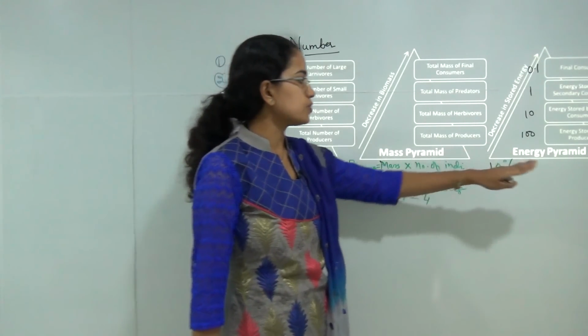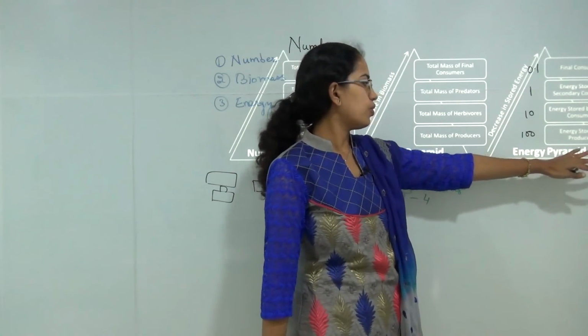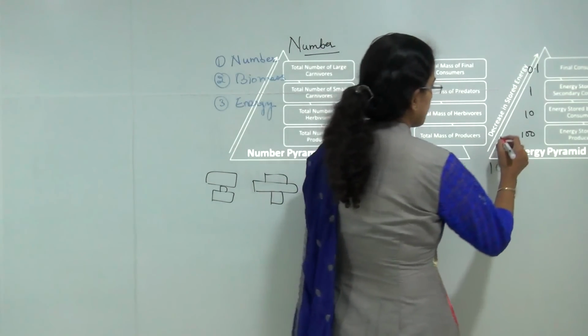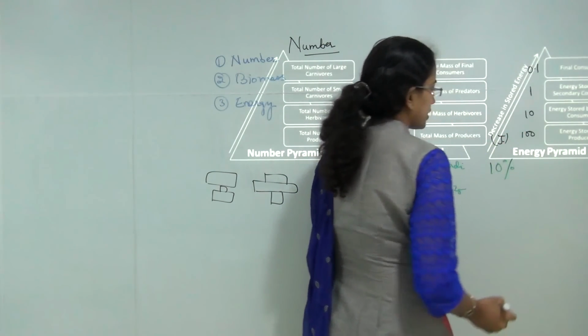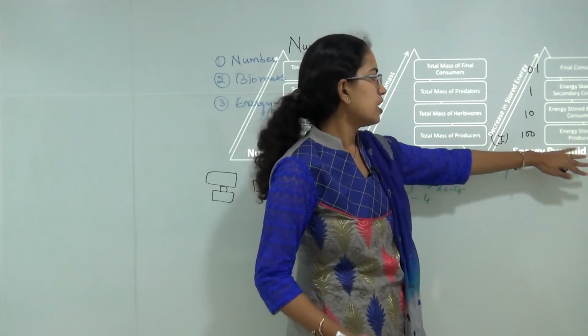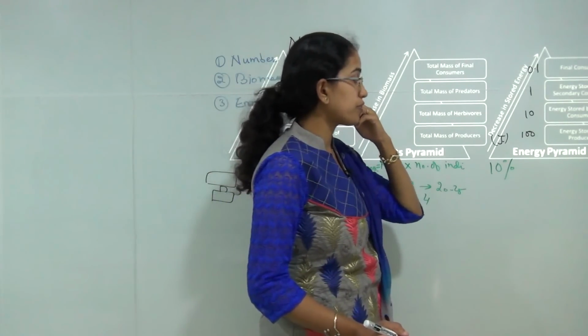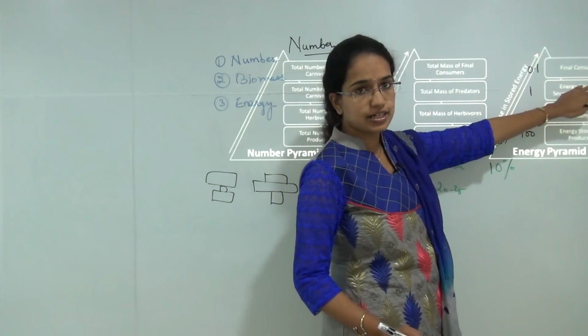Now there are sometimes numericals that are asked based on the energy pyramid. While solving the energy pyramid, the unit is joules for energy, and if the question says the energy of the producers is 200 kilojoules, what would be the energy at the secondary consumer level?